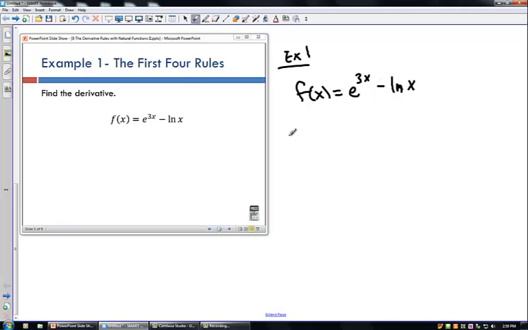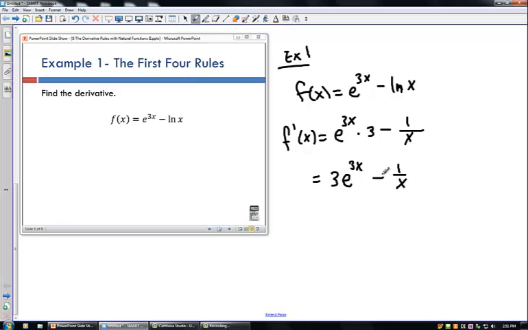If I want to take the derivative, f prime of x is equal to, now the derivative of e is just e again, so the derivative of the outside is e to the 3x, times the derivative of the inside, the derivative of 3x is just 3, minus, now I apply my new rule, the derivative of ln is 1 over x. And so this is equal to 3 times e to the 3x minus 1 over x.